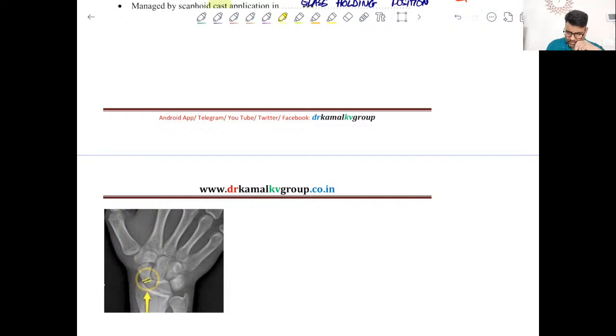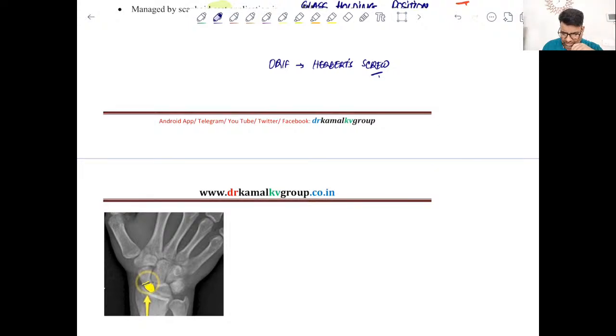So this is the part which might undergo AVN. So there is a possibility that this part might undergo avascular necrosis, right? Sometimes we can do ORIF with Herbert's screw as well, although this question has never been asked, just for your information. But do remember the glass holding position of cast application.